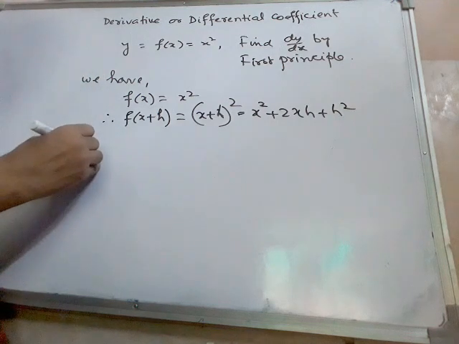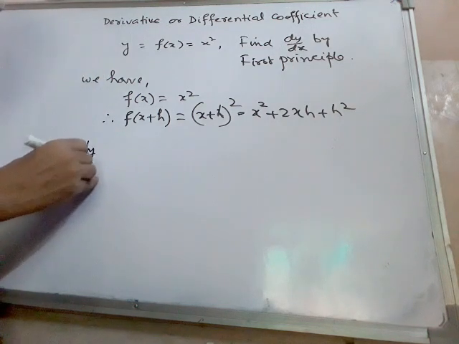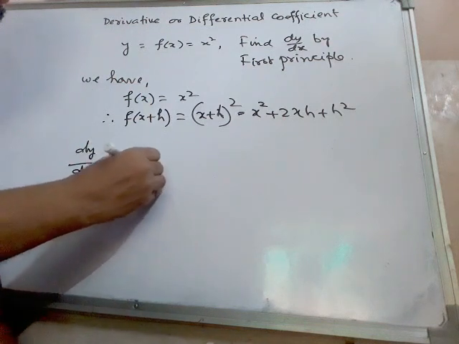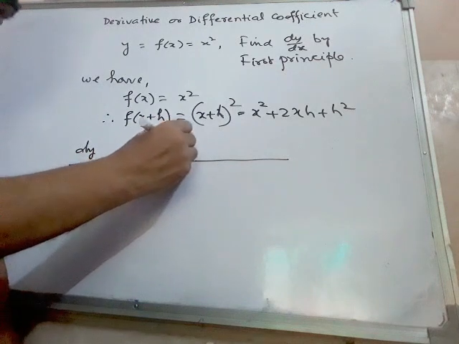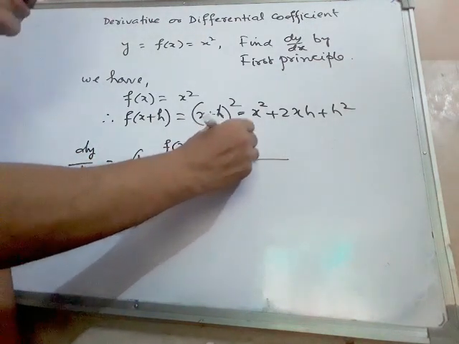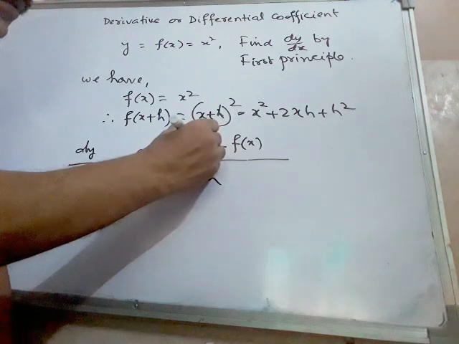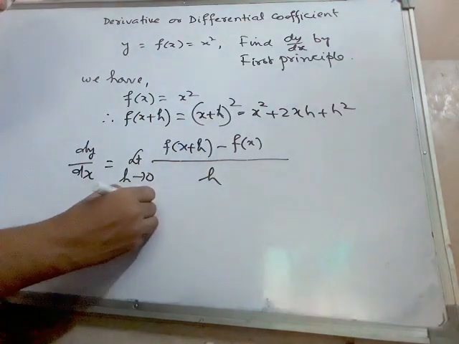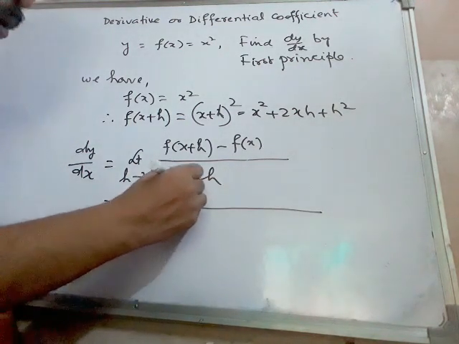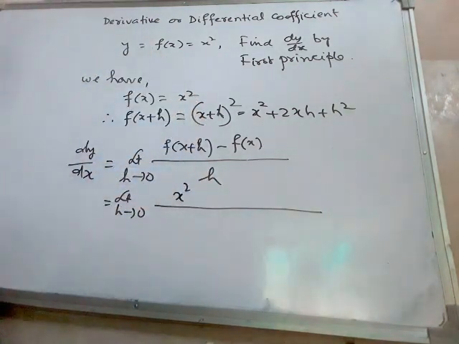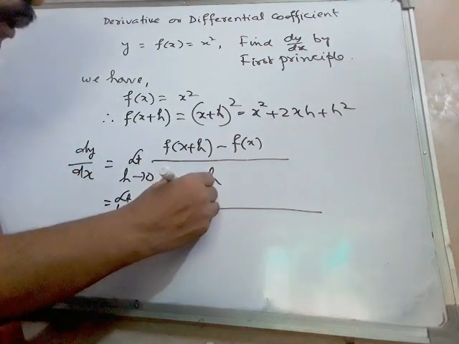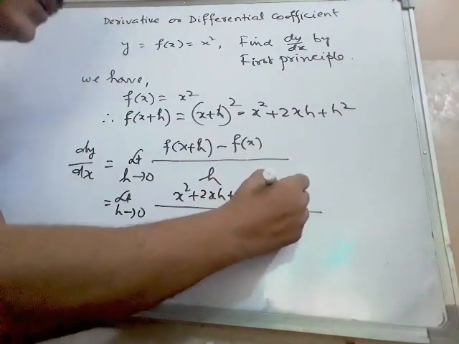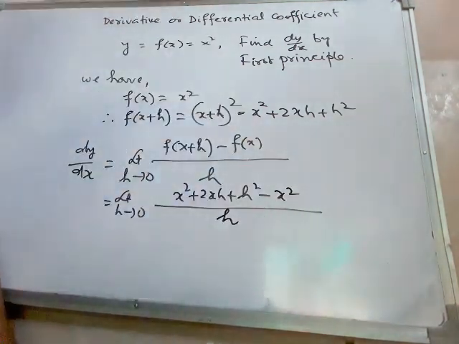According to the definition of first principle, dy by dx equal to limit h tending to 0, f(x plus h) minus f(x) by h. So limit h tending to 0, (x square plus 2xh plus h square minus x square) whole thing by h.